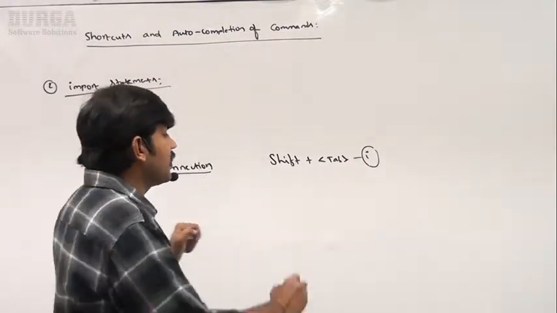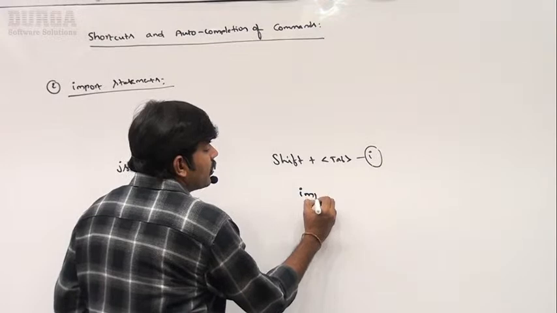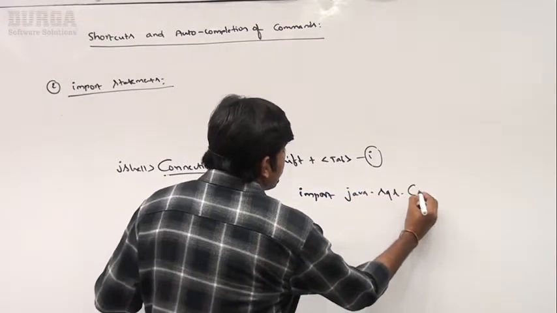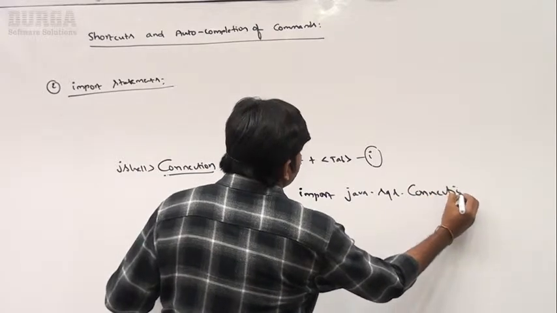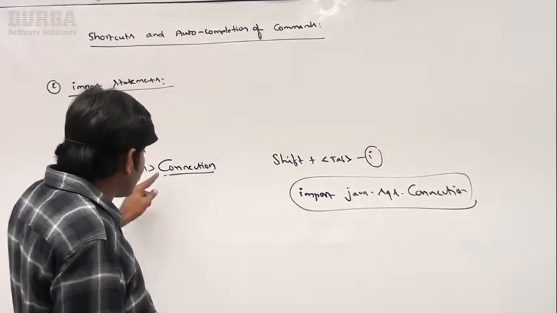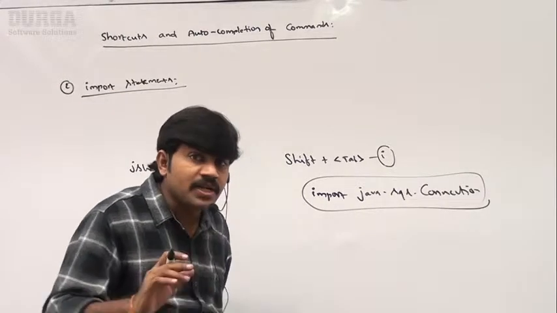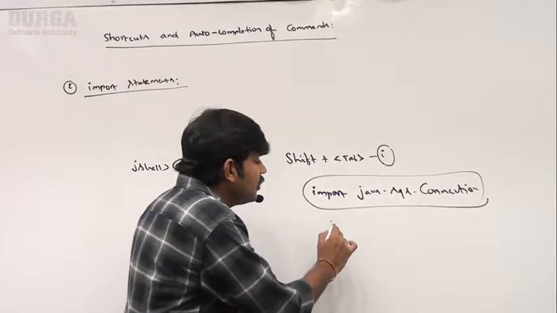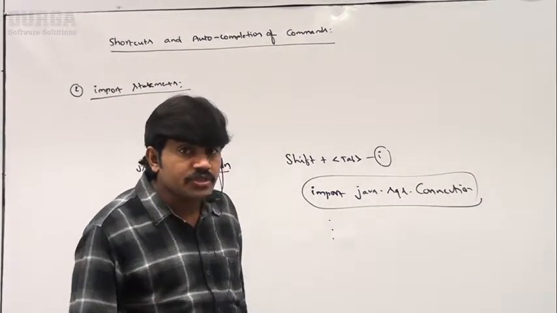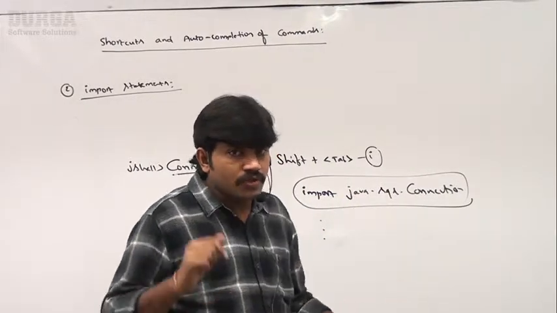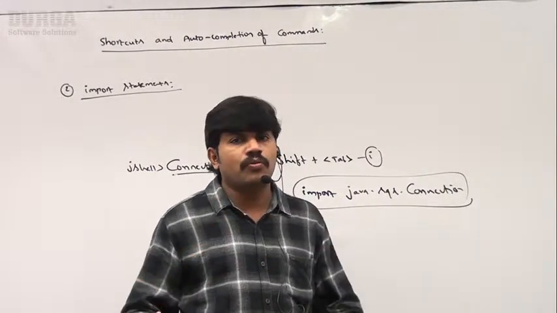Then immediately, import java.sql.Connection will be created internally. If multiple packages have that, then immediately it is going to ask which Connection from which package you want. It's going to ask, we should be in a position to select that, no problem at all.